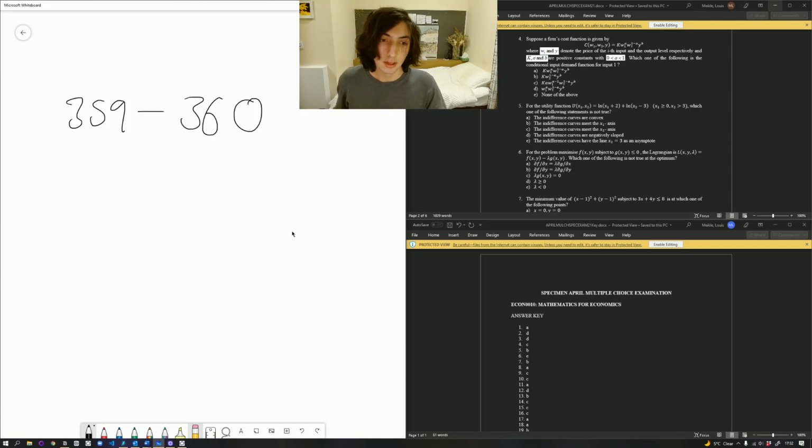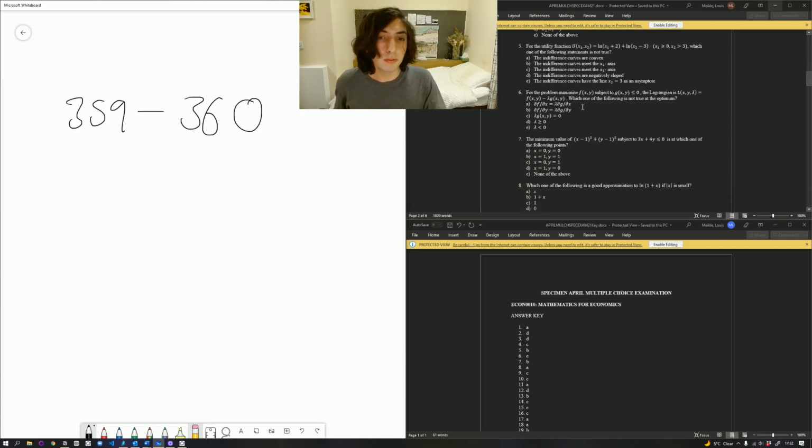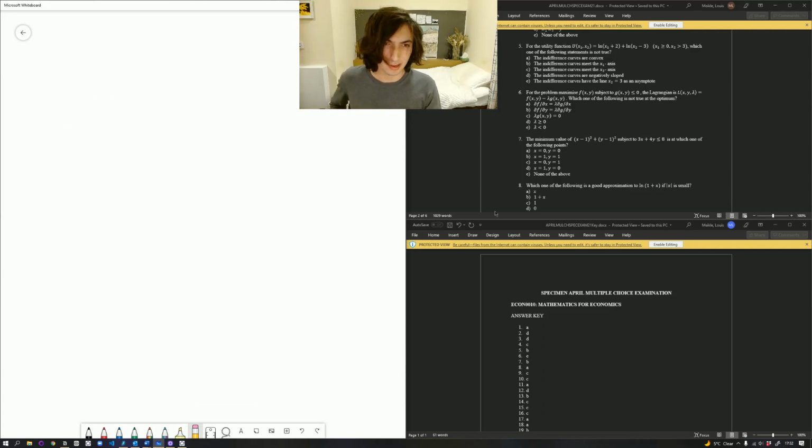Okay, moving on. Problem 6 maximizes f(x,y) relative to that. Now, you've got the standard Lagrangian. Which of the following is not true of the optimum? So, what cannot ever be true when it comes to the optimum?